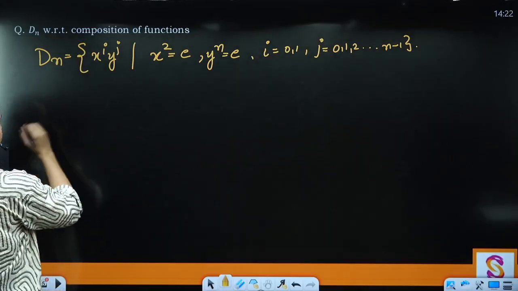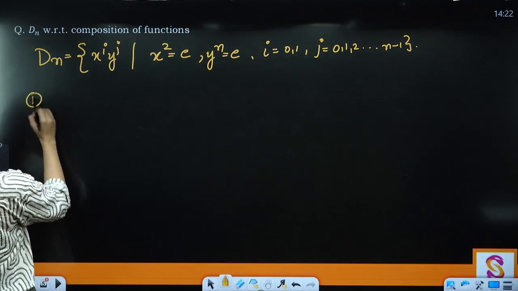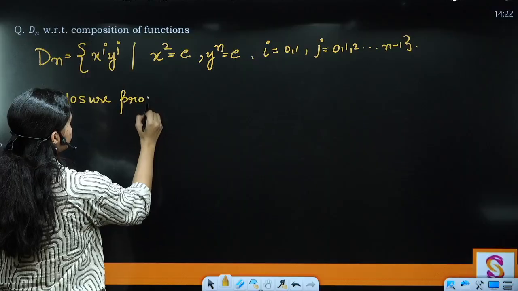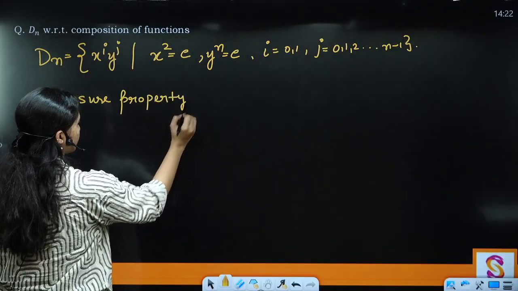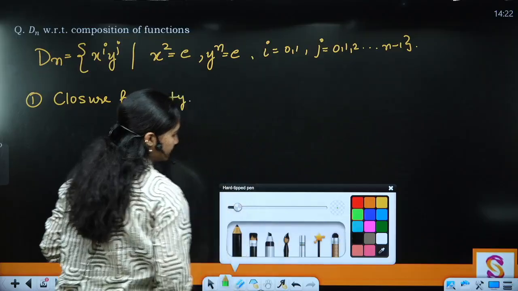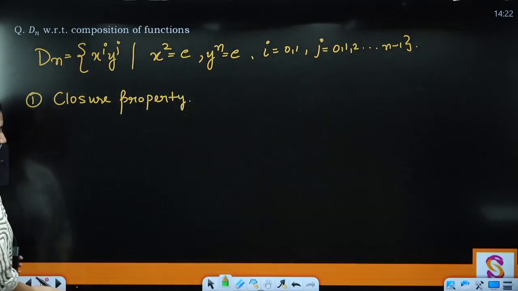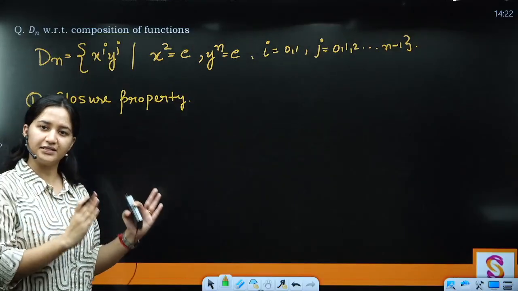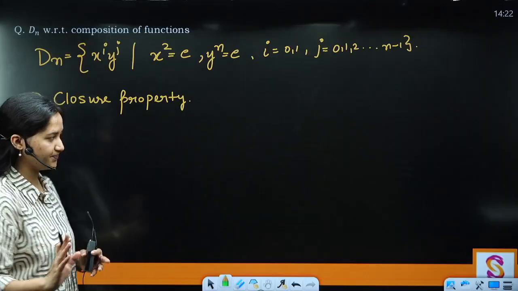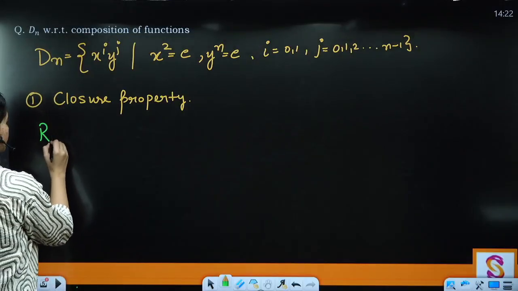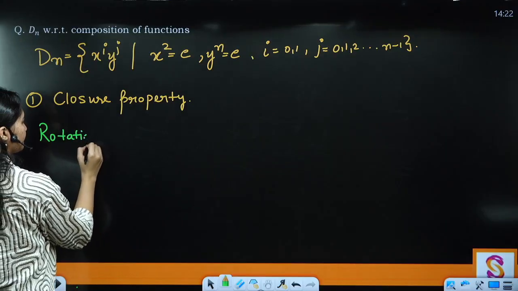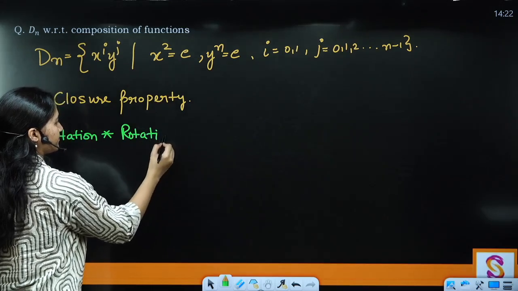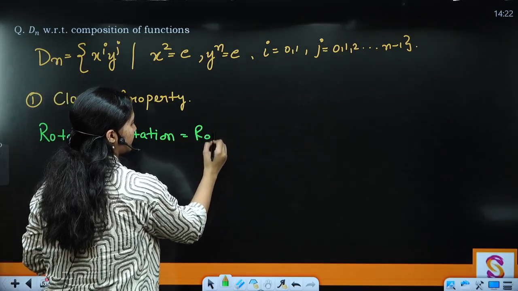Now let's talk about the closure property. If you remember, when we talk about dihedral groups, we have two types of elements, one is rotation and the second one is reflection, right? Now rotation operation rotation is again a rotation.